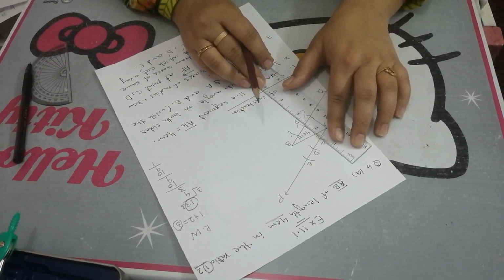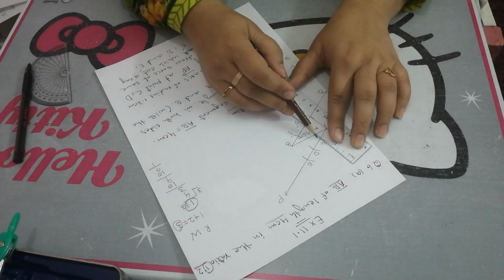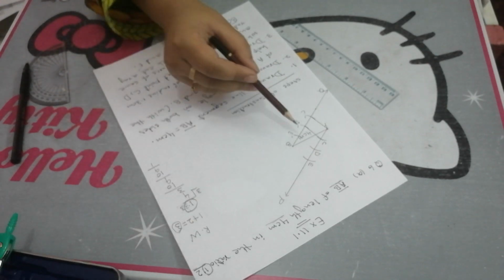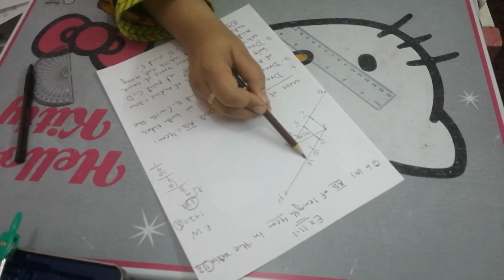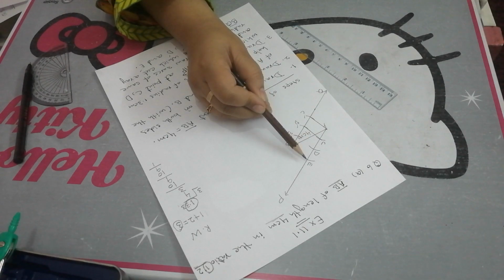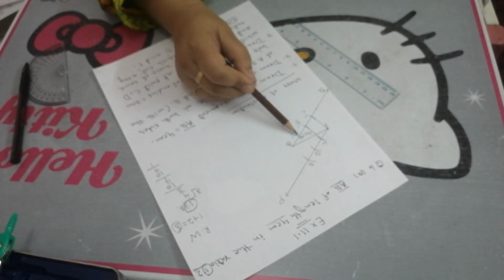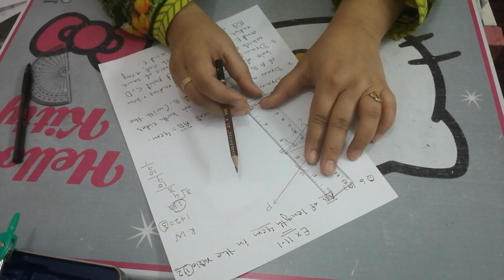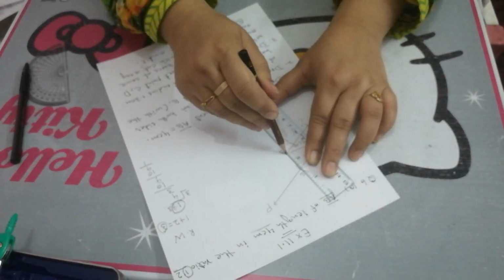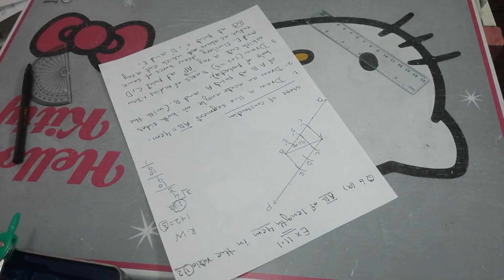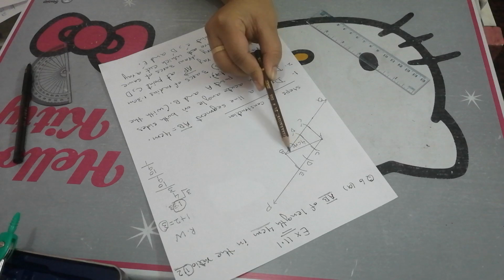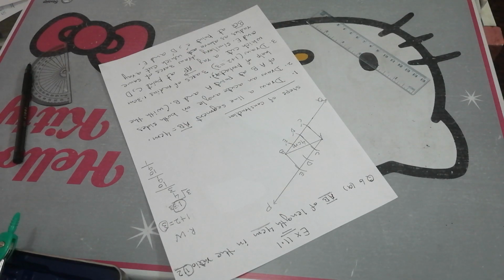Then what are you given? 2. So after 2 arcs, 1, 2. Similarly here, 1, 2. So after 2 arcs, we have to join it. Look, we divide this into 1:2. This is 1 and this one is 2. So we divide the line segment into 1:2.